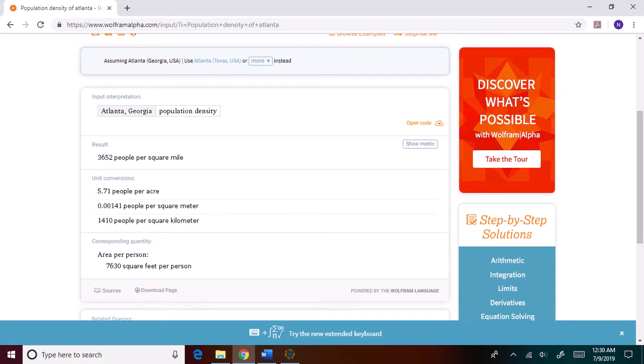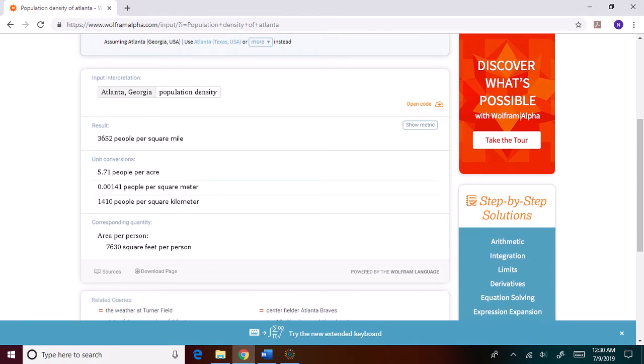See, it says 3,652 people per square mile, or we're going to be using this alternative one, so we can just write that one down.